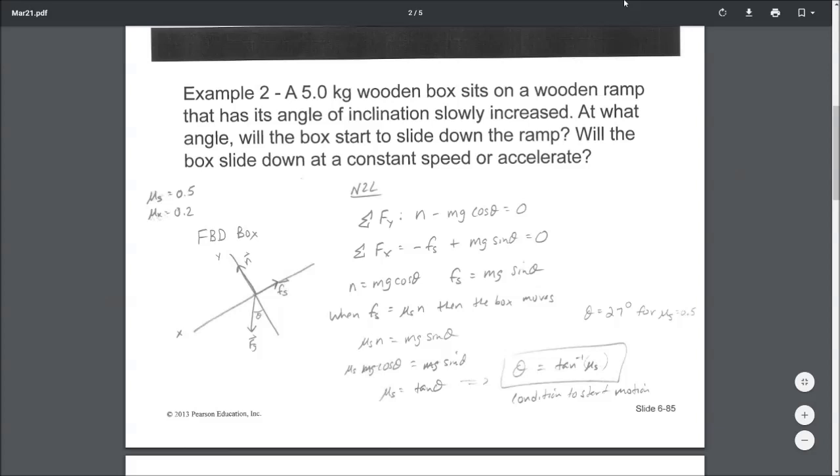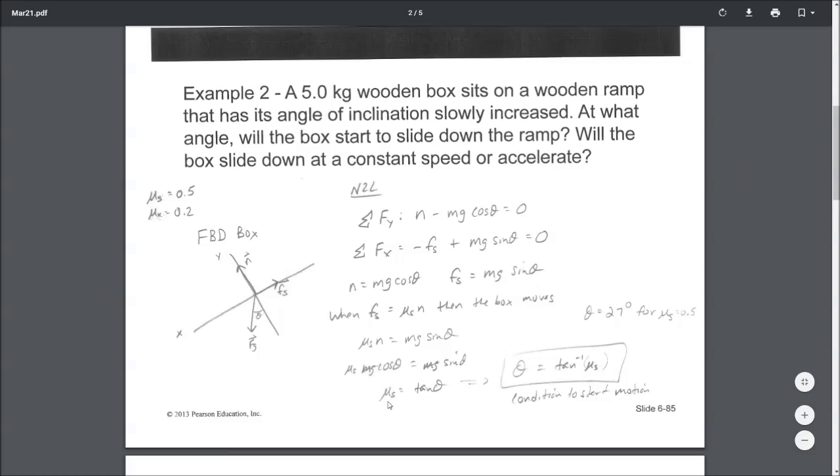So in this case, I'm going to change F sub s here to mu sub s n. Now, what is n? N is mg cosine theta. The mg's drop out. I got mu sub s cosine theta equals sine theta. I'm going to divide by cosine, and I'm going to use a trig identity to say that's tangent. So look at this. This is beautiful.